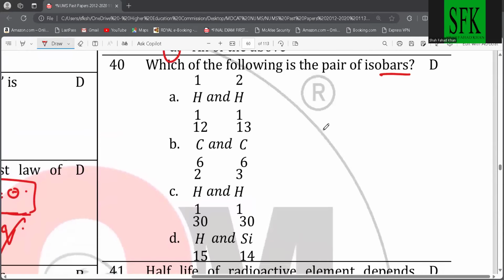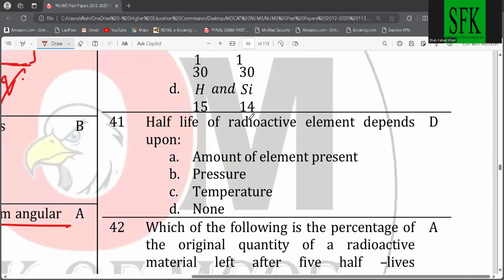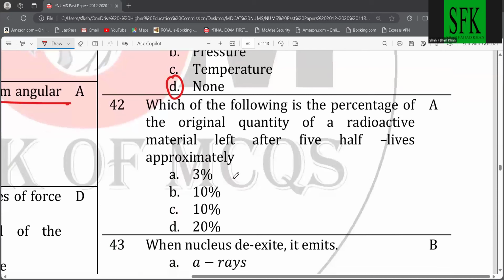Isobars, what are isobars? Those which have the same mass number. Let's check. Half-life of radioactive elements depends upon nothing. No, it doesn't depend on anything. Which of the following is the percentage of the original quantity of radioactive material left after five half-lives approximately?